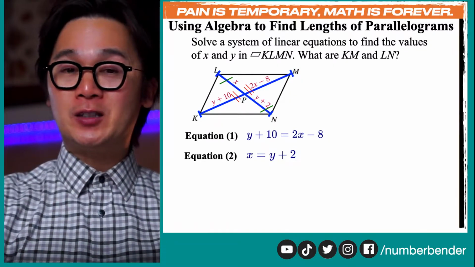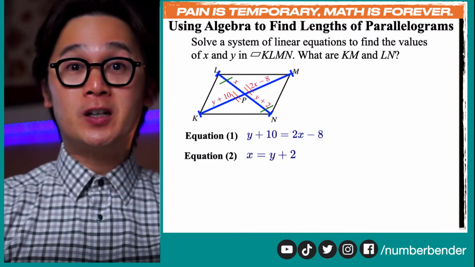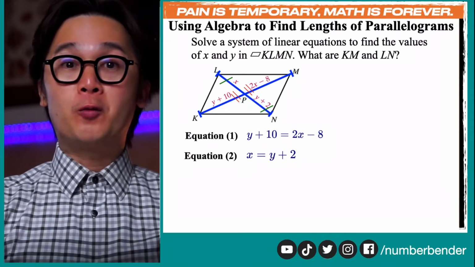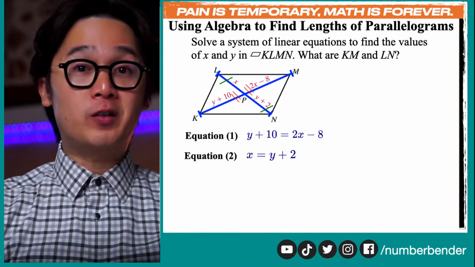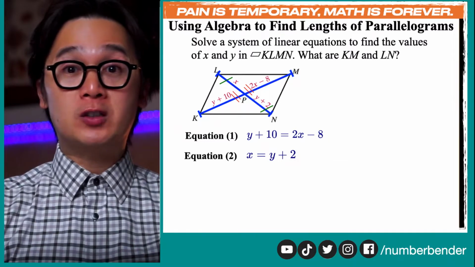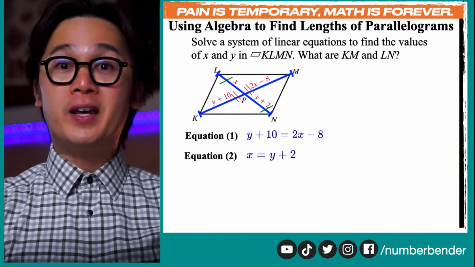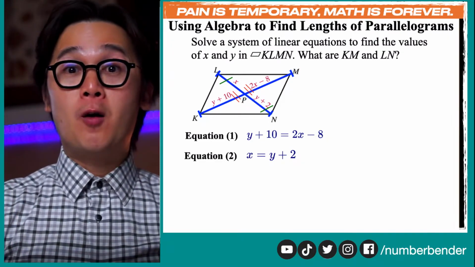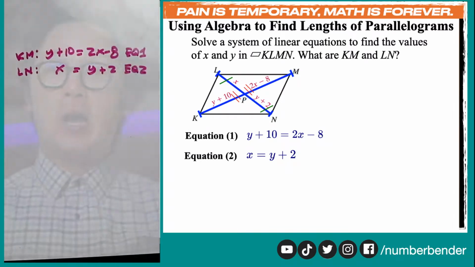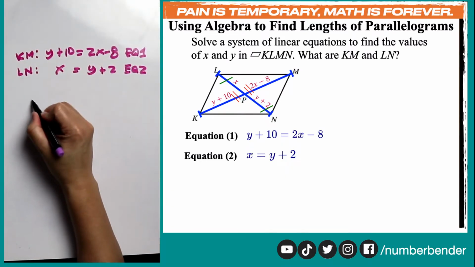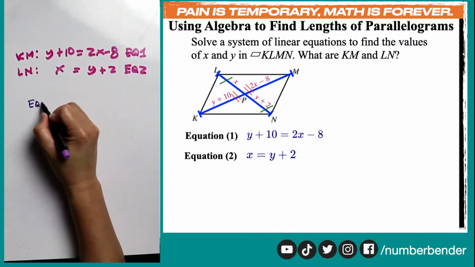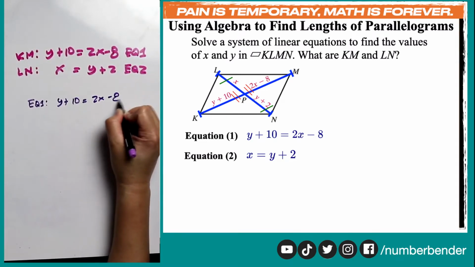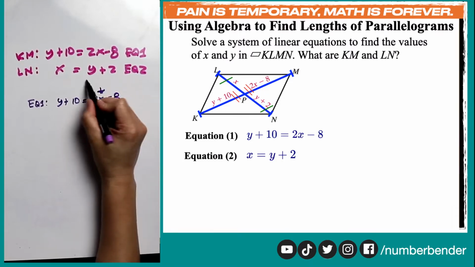But since this type of linear equation is best solved using the substitution method, because in equation 2 we already have x by itself, which is x equal to y plus 2, we're going to use that expression and find the value of y in equation number 1. So my technique right here is to use equation number 1, which is y plus 10 equals 2x minus 8, and replace x by y plus 2.